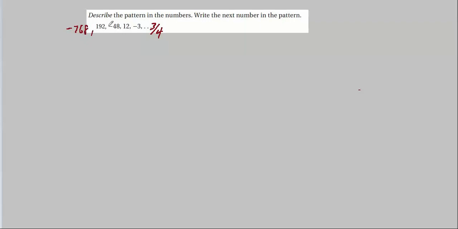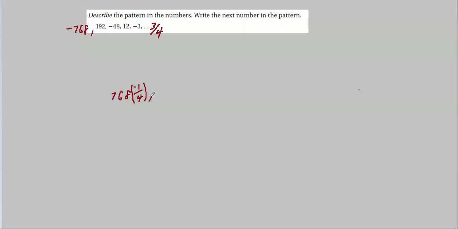So how else might we have written this? Well, suppose I did this. 768 divided by negative 4, which is the same as minus 1/4, right? Okay.